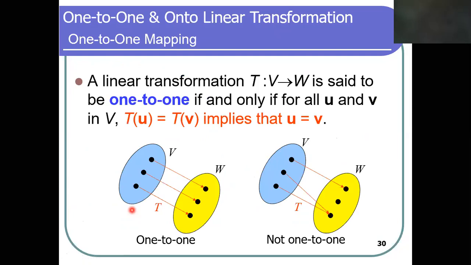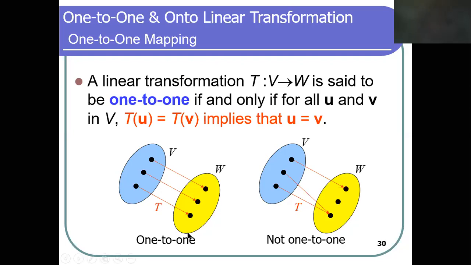Now, one-to-one and onto linear transformations. What does it mean? A one-to-one transformation means that if the images are equal, then the elements in the domain are equal. In that case, we say T is one-to-one.